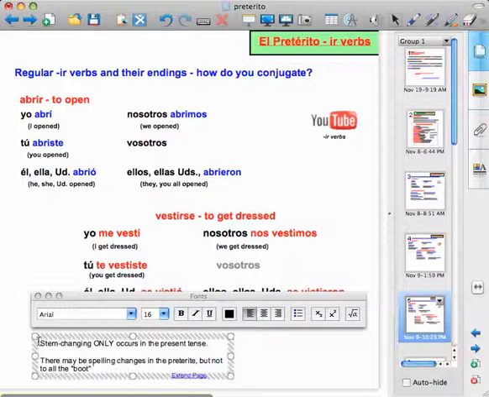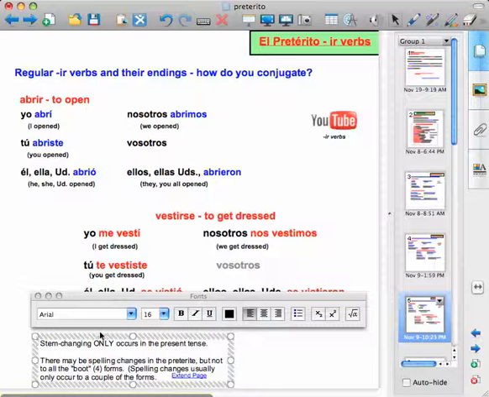And what do I mean by that? Remember that stem changing forms, there were 4 forms of the verb that changed. Okay, if there's a spelling change, it usually only occurs to a couple of the forms, and not all 4.